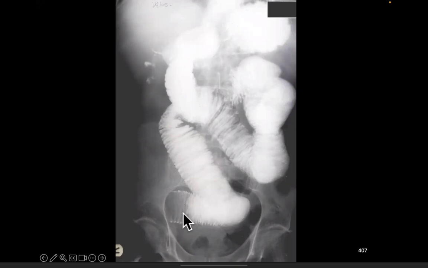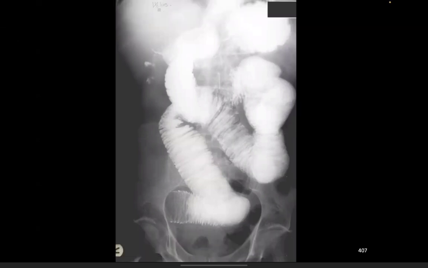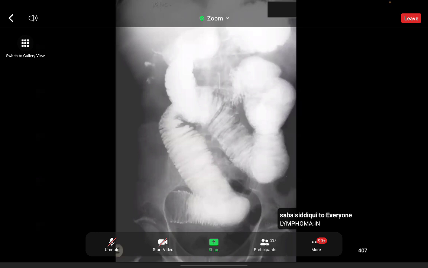Okay, the proximal ileum or the distal jejunum, that filling defect. And at 1.5 hours, there was no change from the appearances at half an hour. So there's a fixed mechanical obstruction here, whereas scleroderma is a functional obstruction.